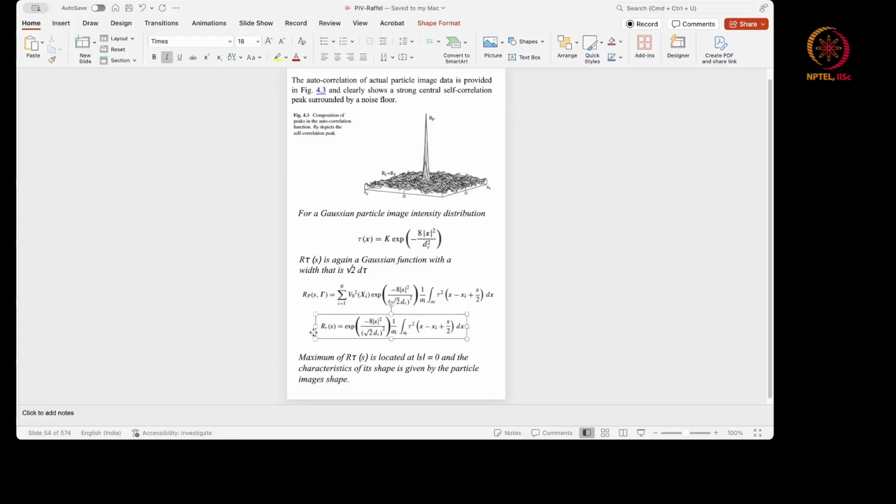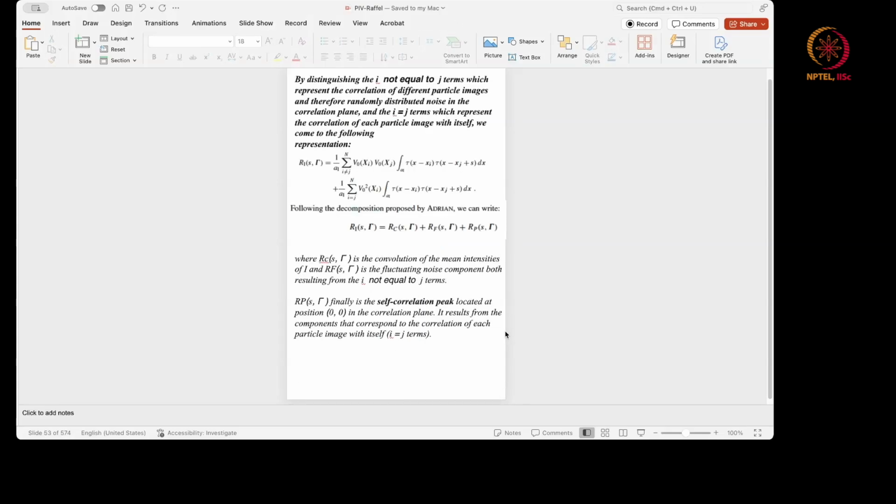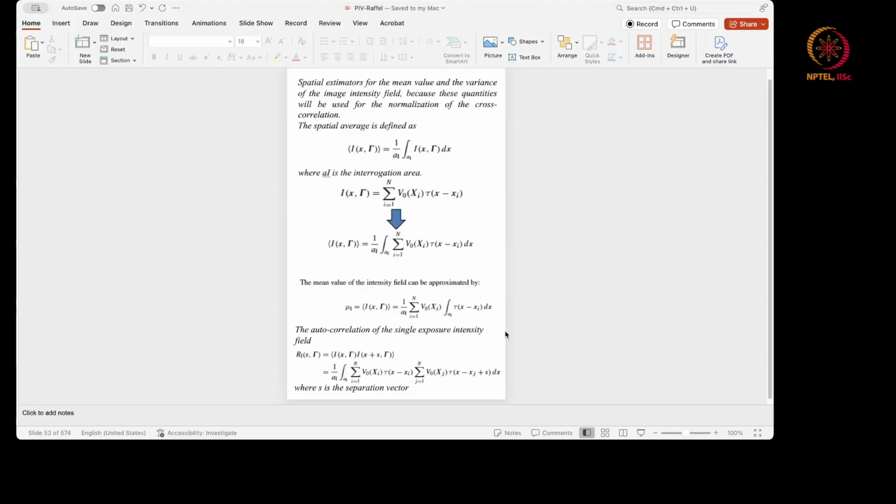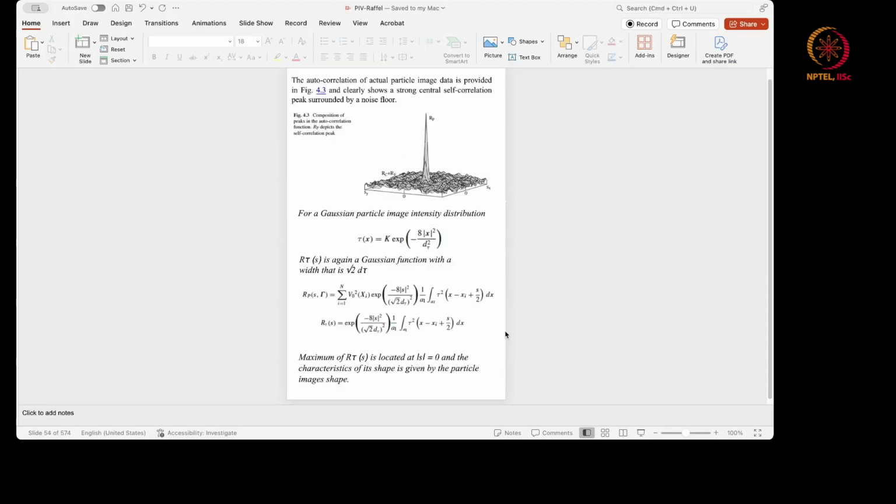So the R_tau that you see over there is located at the central peak. This is the R_P, and the characteristics of its shape is given by the particle shapes.